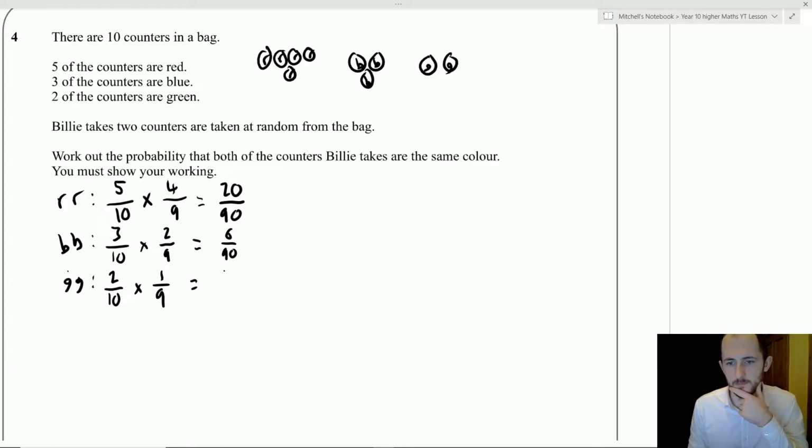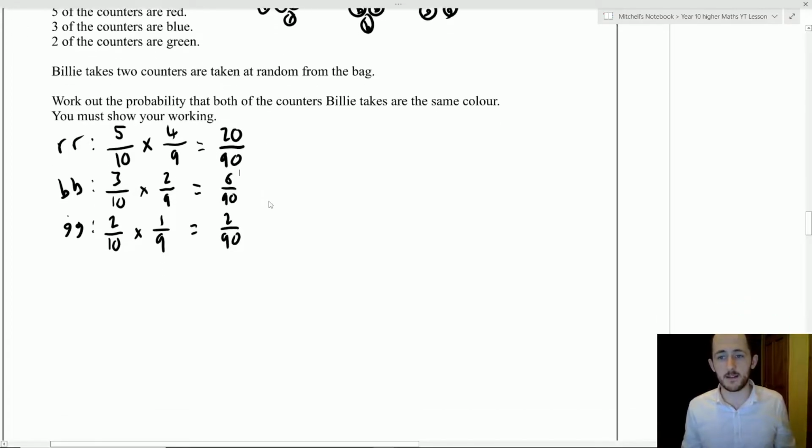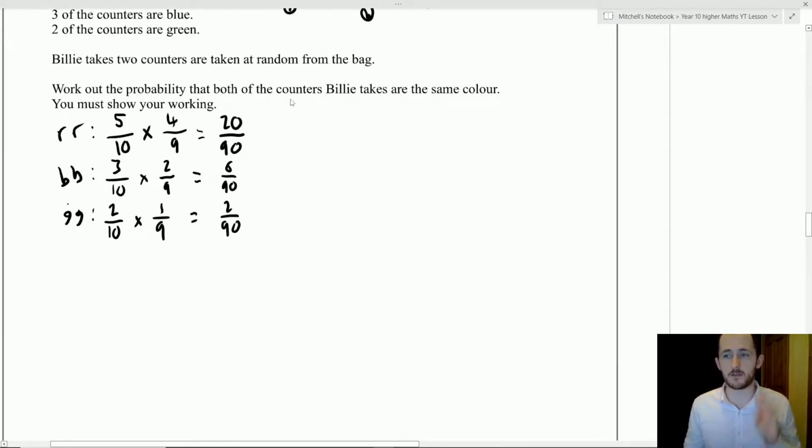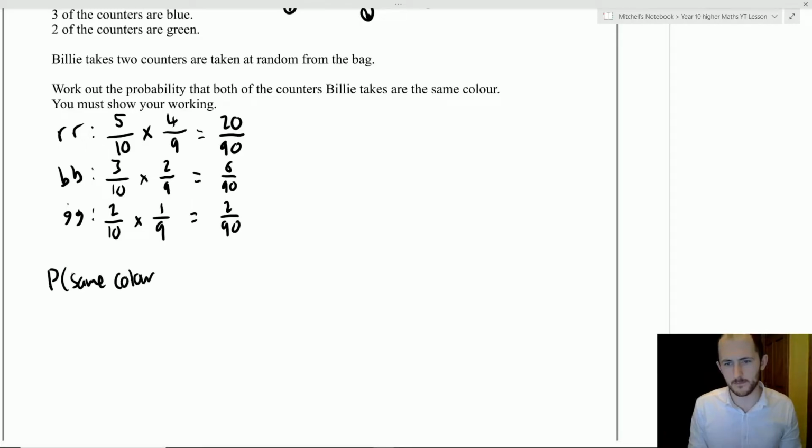Now once again, we're looking for the probability that both counters are the same colour, not that they're red, red, blue, blue, or green, green, right? So we need to add all of these together. So 20 over 90.